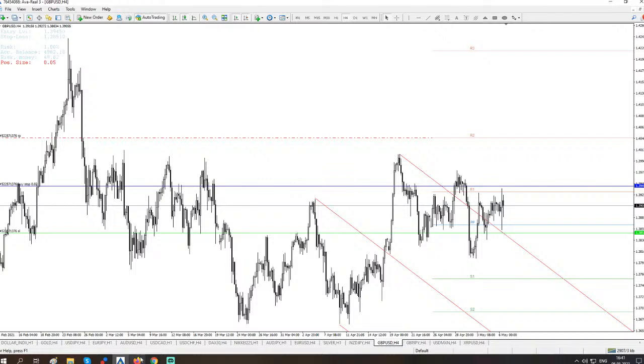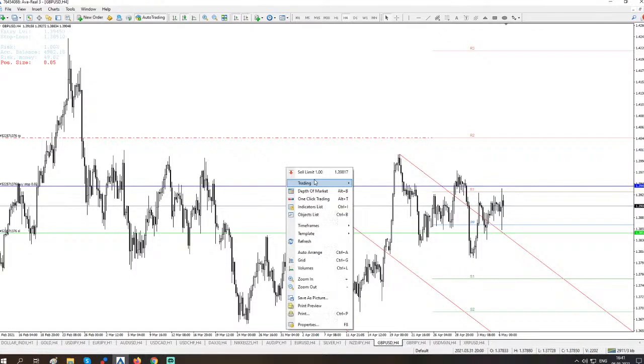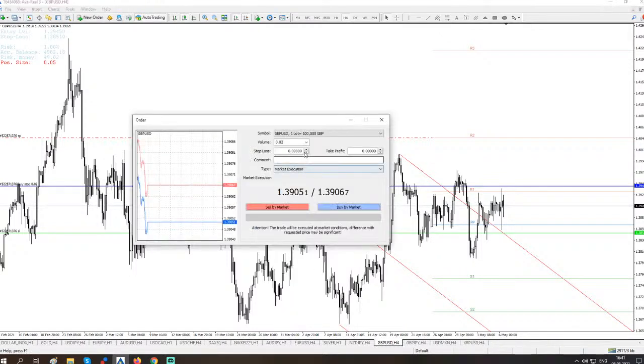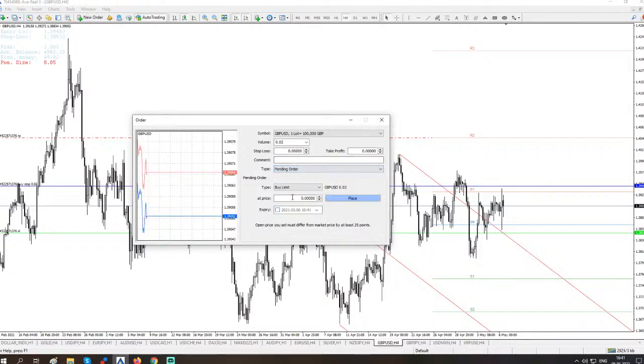Okay guys, and I will open my second position here for the second take profit using the same volume. Guys, if you want to place this buy stop order and position, you should only risk 1% of your account guys.